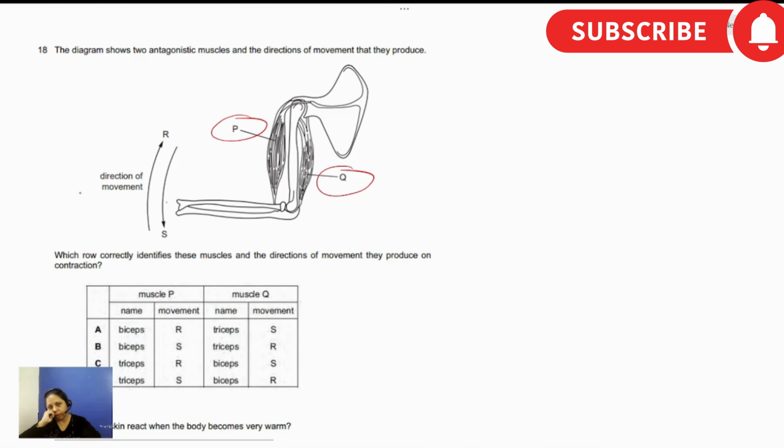So you think that P is the biceps, and its movement is going up, and Q is the triceps. Movement is correct, but the muscles are wrong. It's C.